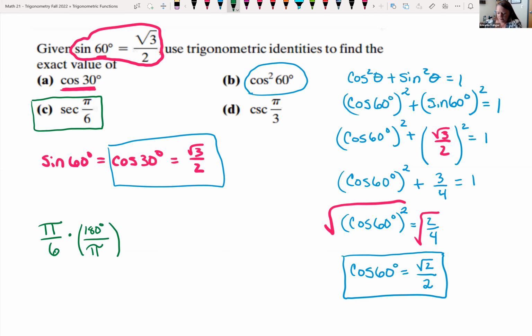So our pi's cancel out, and we have 180 degrees over 6. Well, 6 goes into 180 30 times. So secant of pi over 6 is the same thing as secant of 30 degrees.